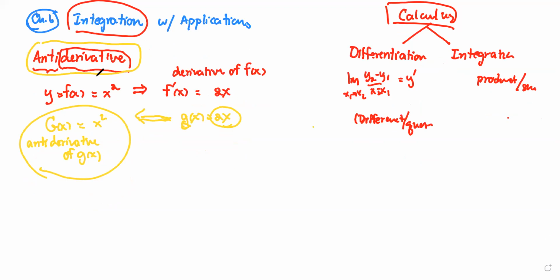In this case, the uppercase F is x squared and the lowercase f is 2x. The relationship of these two is that the uppercase F prime is the lowercase f. That's what it means. So we call the uppercase F the antiderivative.